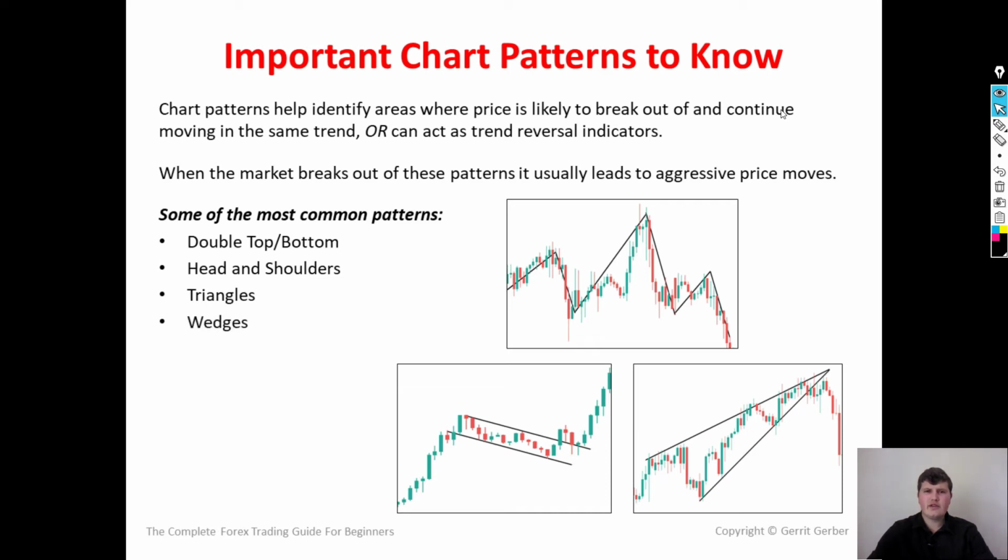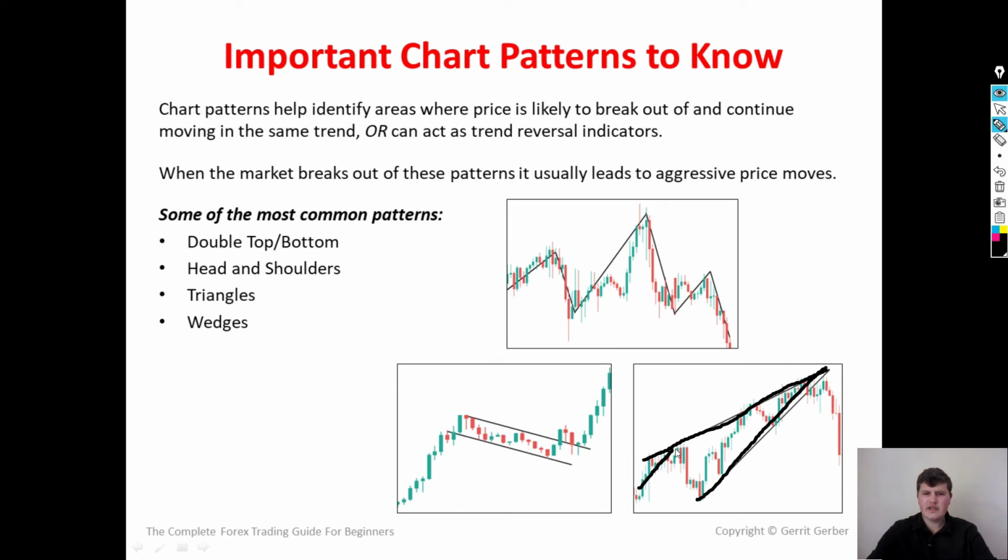Then you also get rising and falling wedges, and here's an example of how a wedge looks. As you see, price is consolidating between an upward moving support trend line and an upward moving resistance trend line.